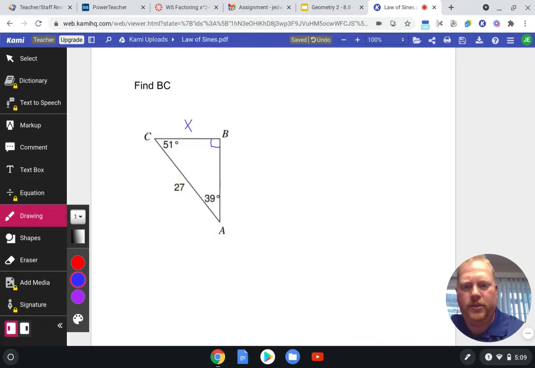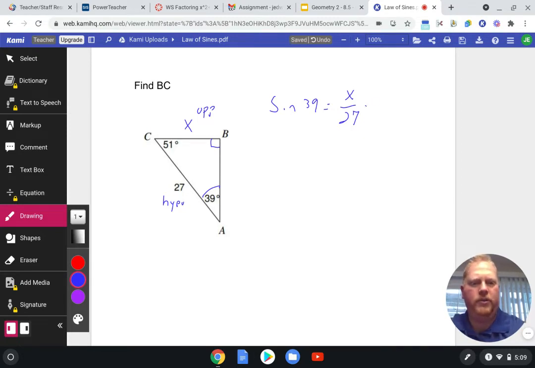If I use the 39 degree as my angle, x is the opposite, and 27 is the hypotenuse. So opposite and hypotenuse, that's sine. So sine of 39 degrees equals x over 27.